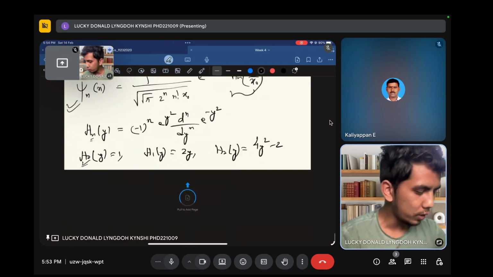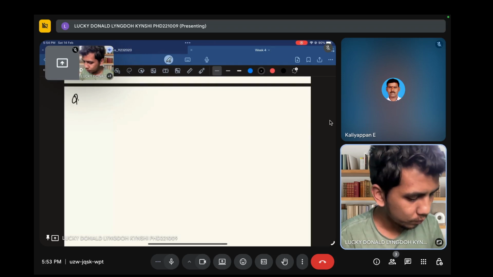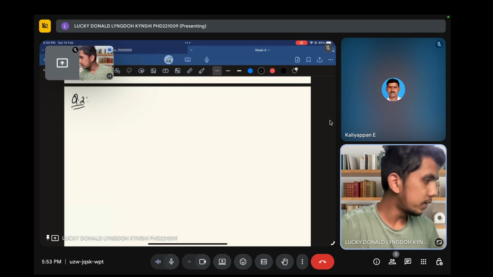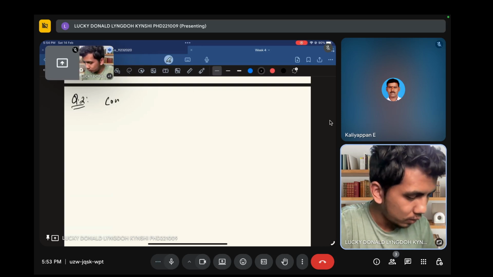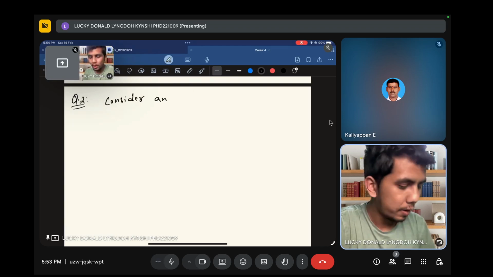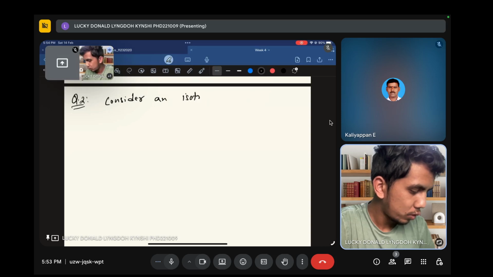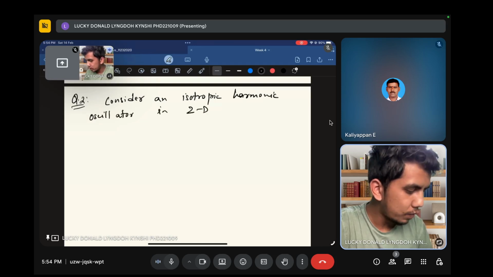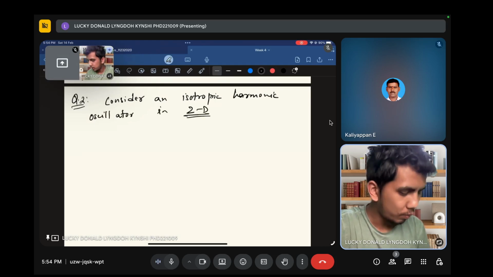Now, if you look at your question number 2 from your problems, what does it say? It says consider an isotropic harmonic oscillator in two dimensions. Here it is given in two dimensions, given by H naught.